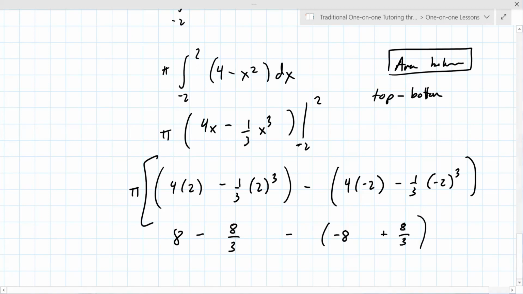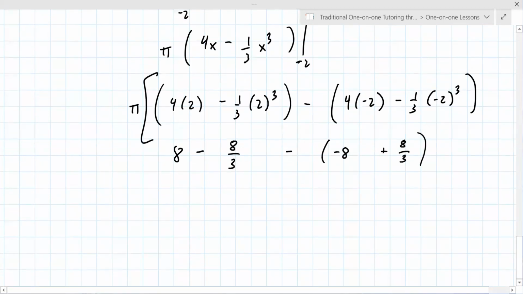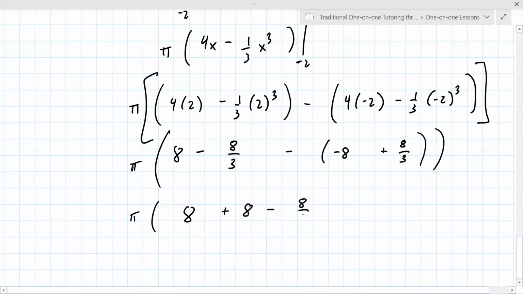Oh, so it's just pi times it once. Yeah, the whole thing. All right, so then it's 8 minus 8/3 plus 8 minus 8/3.